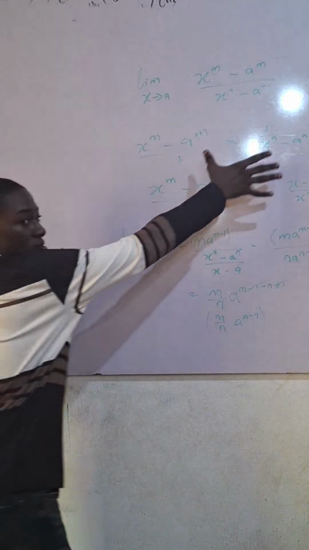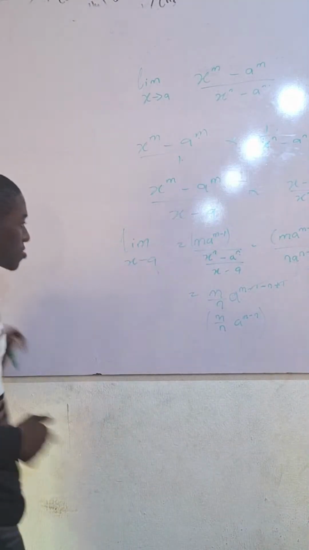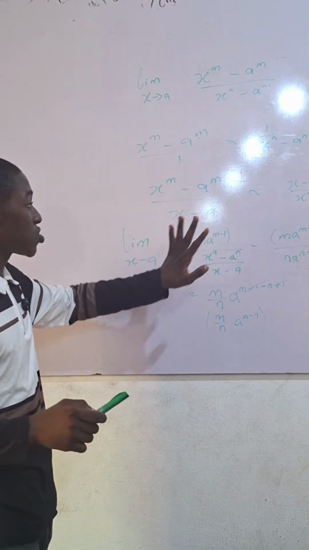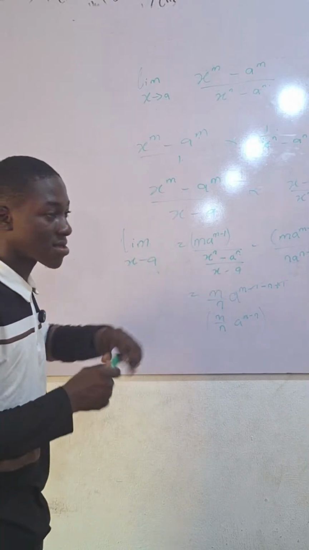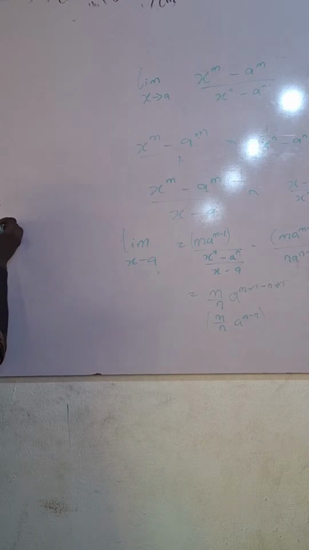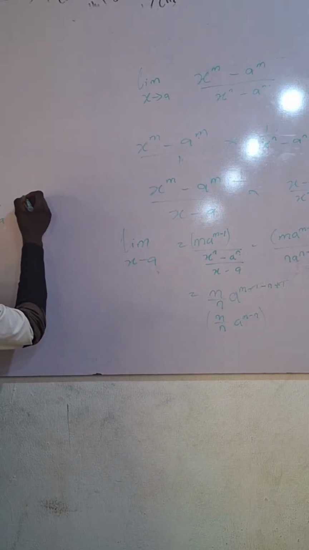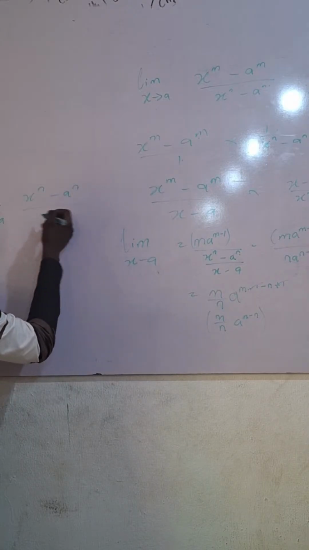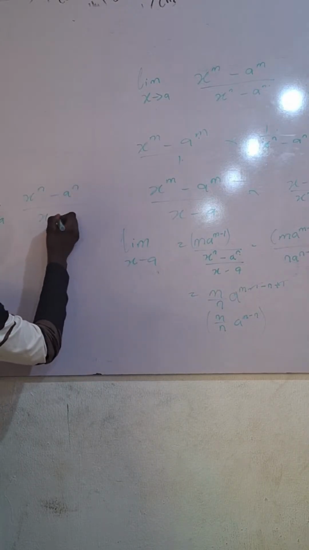You understand this part? For this one, we are just using the formula. The formula is, let me write it here: limit of x approaching a of (x^n minus a^n) over (x minus a).